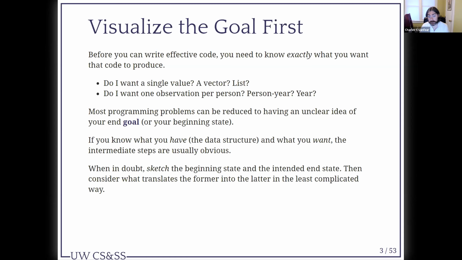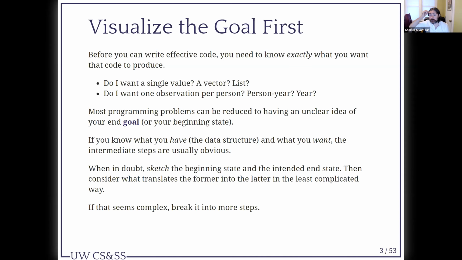Sometimes I've even gone so far as to cut out pieces of paper and reassemble them in the other way, to see how you can translate the thing on the left, the beginning, to the thing on the right. If you can figure out a mechanical, by-hand way to translate the former into the latter, you'll probably be able to figure out code that can do the same thing. The worst case scenario is literally moving the pieces from one spot to another. Okay.